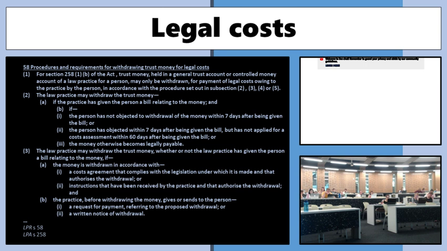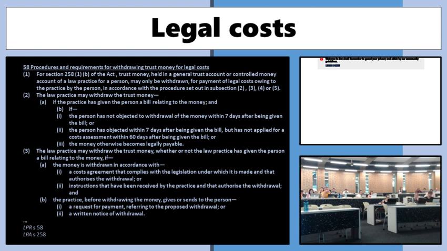Okay, procedures. So I made that point before about the objection period. Assuming that you have a perfectly formed, validly signed client costs agreement, and you've incurred legal costs, and you want to get paid for those legal costs, you can do that, but you have to do this itemized bill.